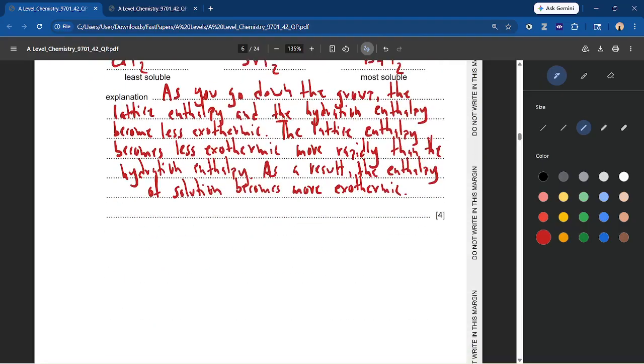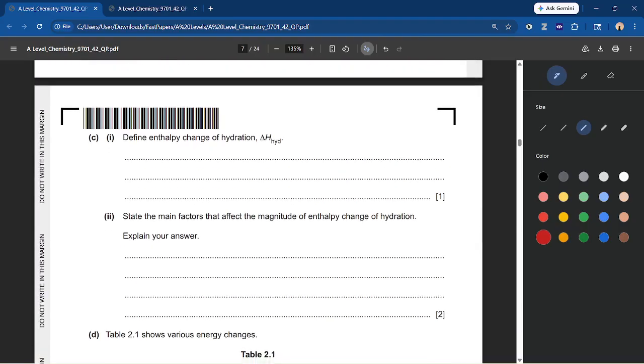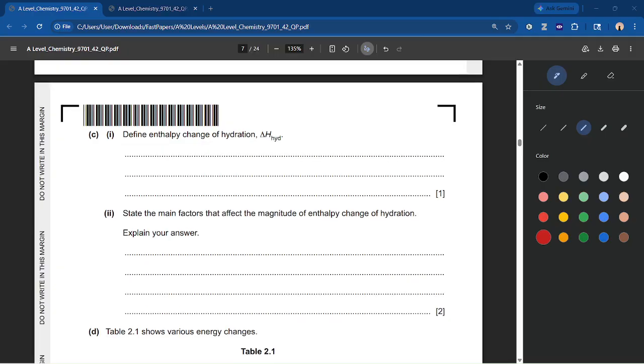All right. Very simple, nothing too difficult. And we're down to define the enthalpy change of hydration. So this is very simple, a standard definition.